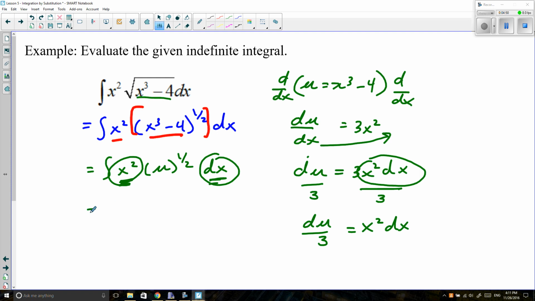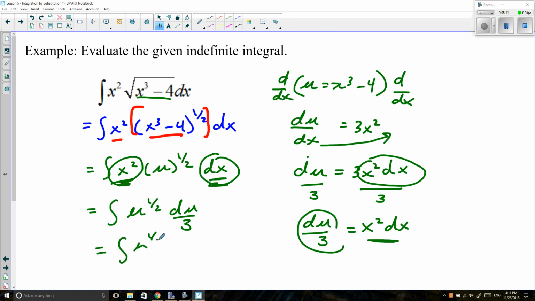Going back into the integral, I'm going to make that substitution. I have u to the power of 1/2, and x squared dx is really du over 3. I'm going to take this division by 3 and bring it over here, so it looks like u to the power of 1/2 over 3 du.